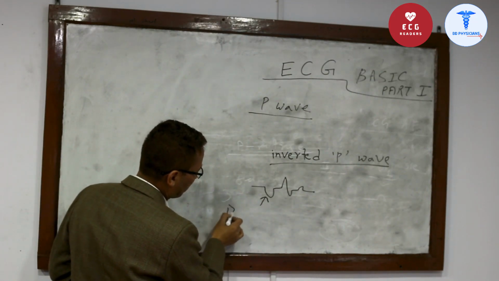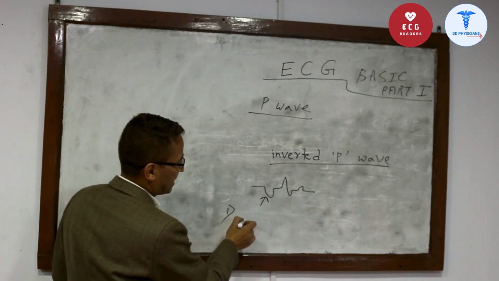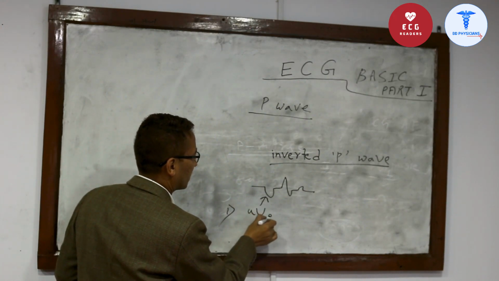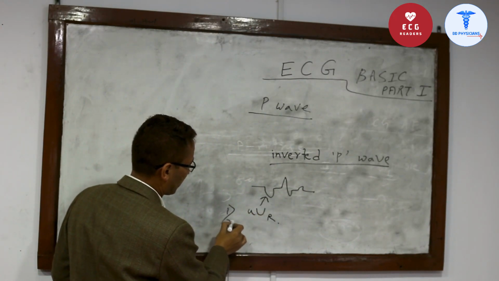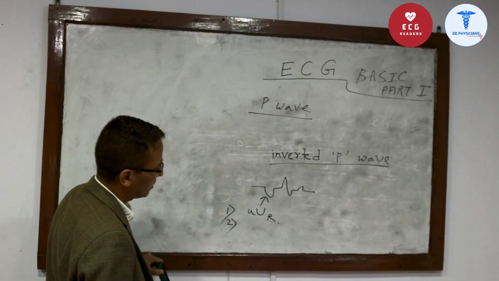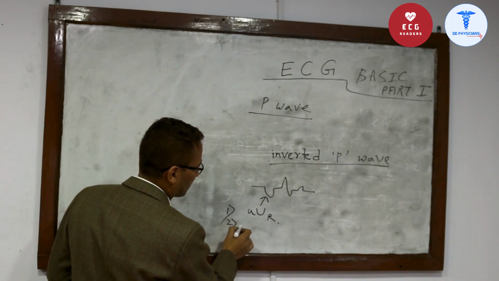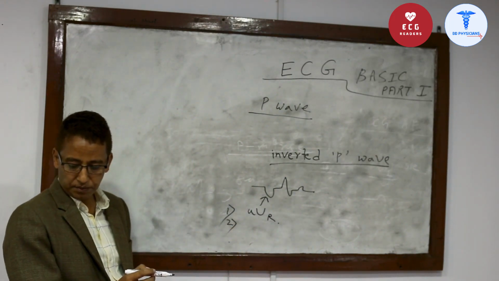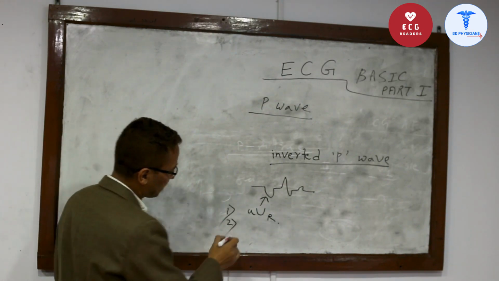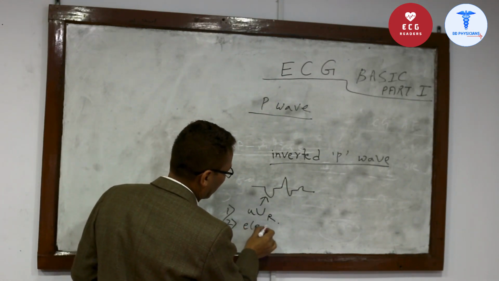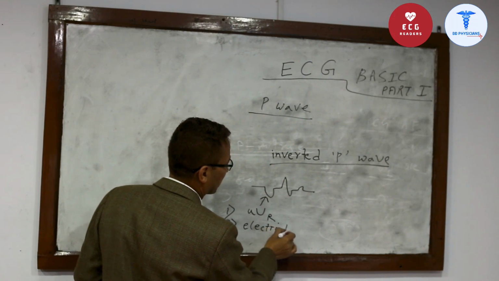The inverted P wave normally occurs in lead aVR. And it may occur as a result of electrode misplacement.